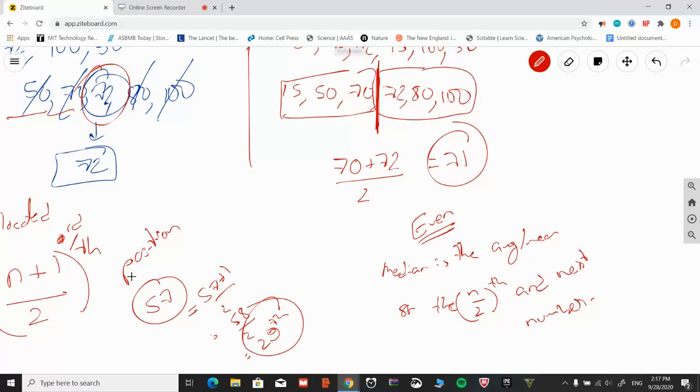So if you're dealing with 6 values, what is n by 2? 3. What is the next? 4. The median is not the average of 3 and 4. The median is not 3.5. Rather, the median is the average of the third number and the fourth number after you have organized it in ascending order. So in this case, the third number is 70, the fourth number is 72. So in this case, the average is 71.